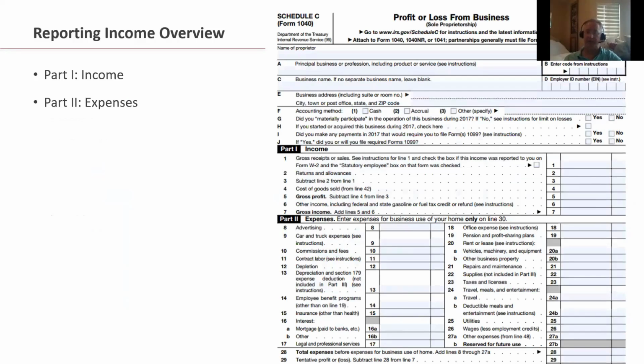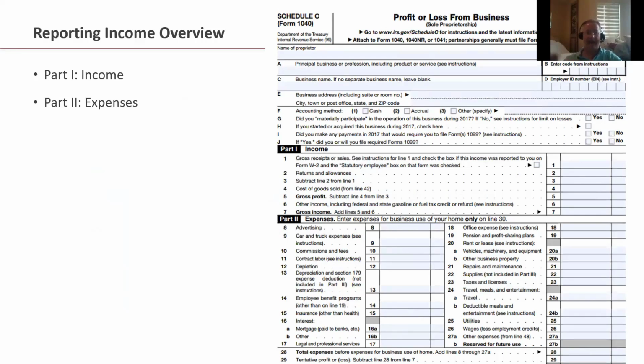So here's a Schedule C, just so you can say you've seen one. And don't be surprised if I give you parts of this on your exam to fill out. Part 1 is where you report income: gross receipts, cost of goods sold, line 7, gross income. Part 2 is where all the deductible expenses are reported.